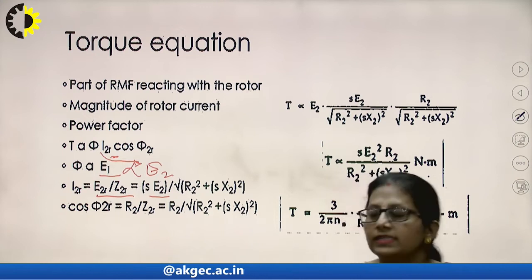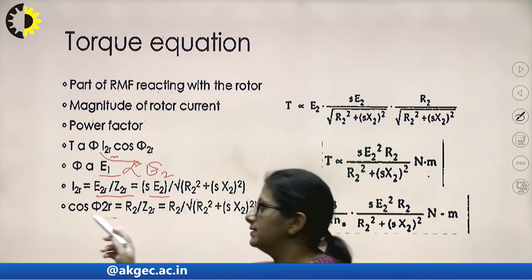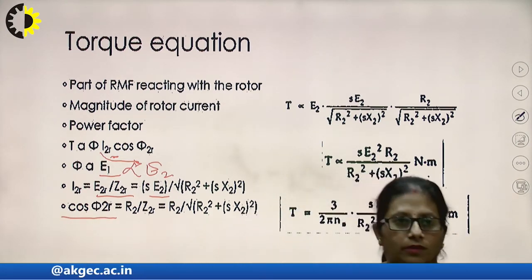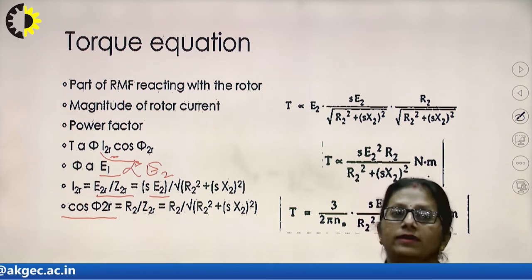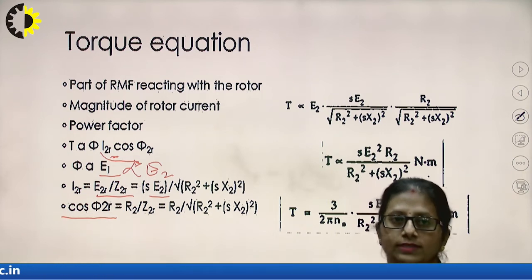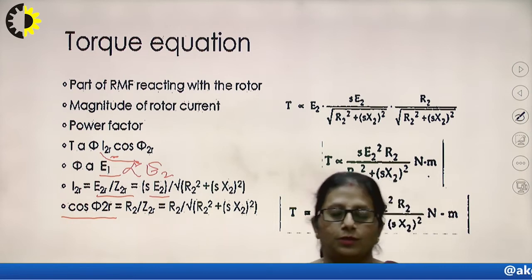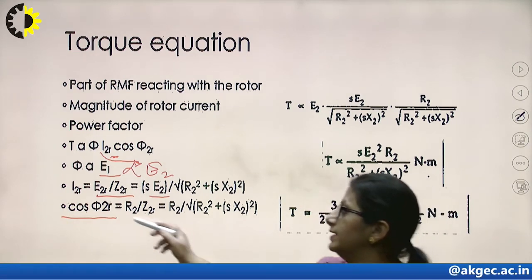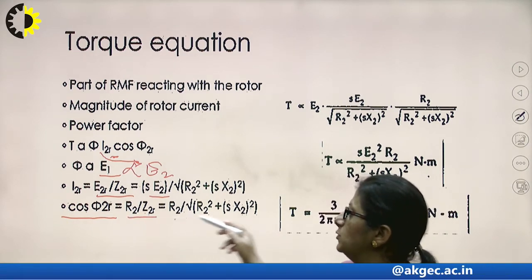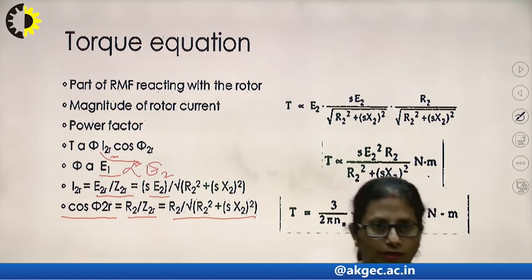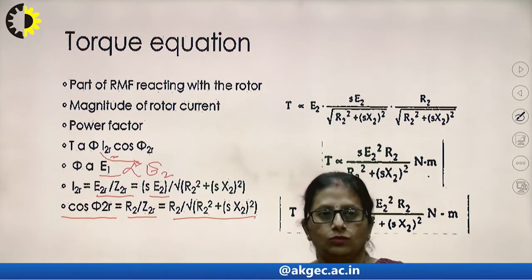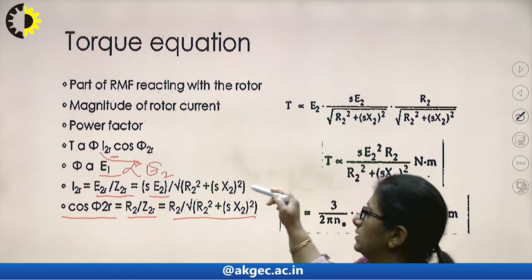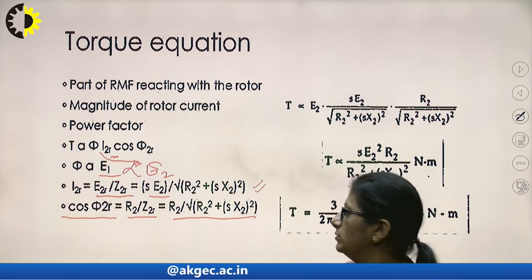Similarly, the power factor of the rotor circuit cos phi 2R will be given by R2 by Z2R, because R2 doesn't vary with the frequency, that's why it remains constant. So, now I have all three values: flux proportional to E2, I2R equal to this expression and cos phi 2R equal to this expression.